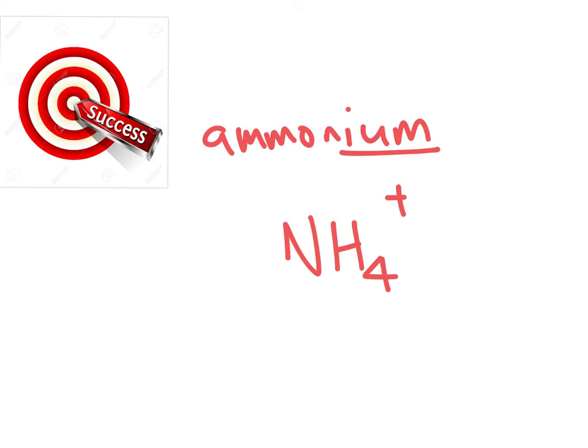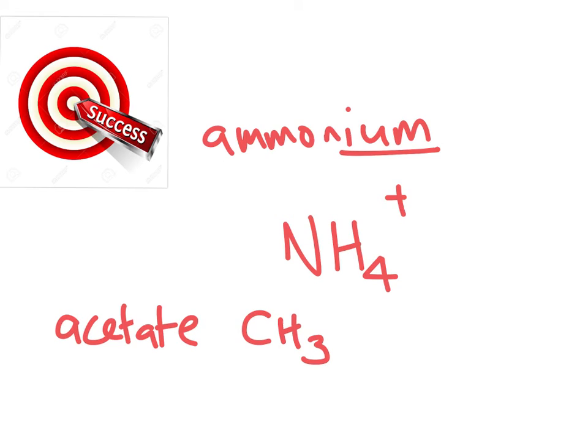The other thing that you might want to be aware of is that some polyatomic ions, you can write the formula several different ways. An example is not acetic acid, but acetate. Okay, so acetate, depending on what textbook you're using or what teacher you have, you may see it as CH3COO negative.